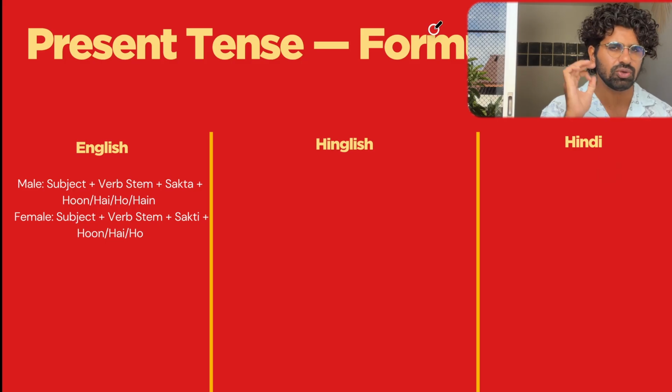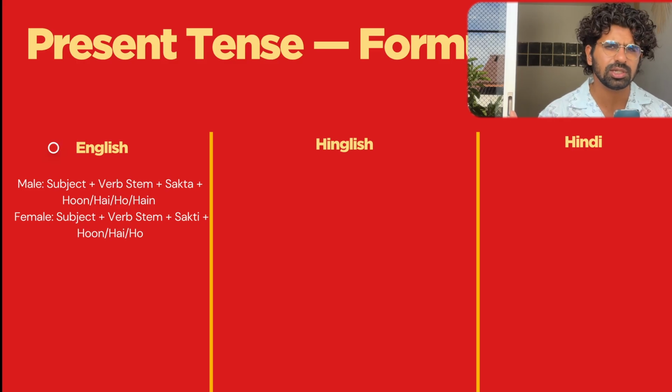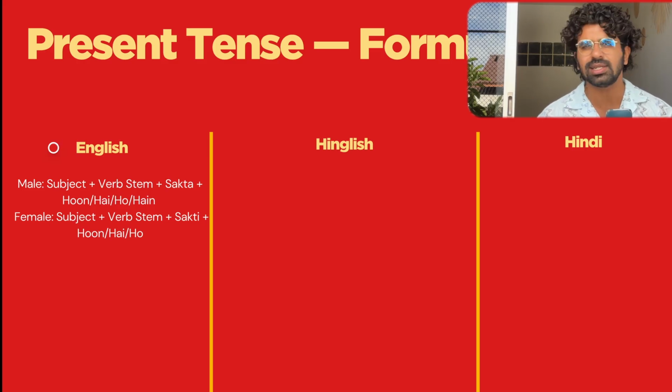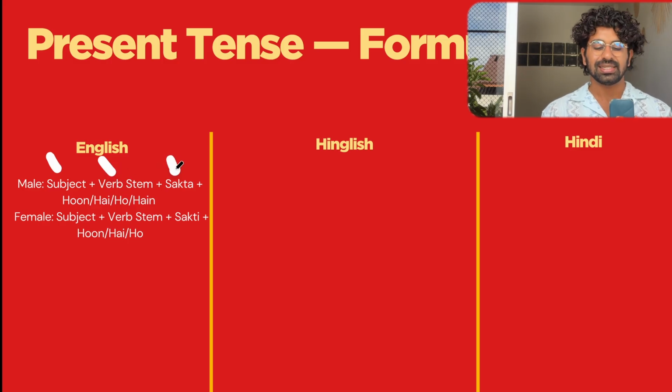Then the next thing we have is present tense. The first tense we're going to do is present tense. Here we have the rule for if it's male. You can remember the structure, and when we do the sentences, I will bring it up again. If it's male, the structure is subject, verb stem, which we just did, and then sakta.